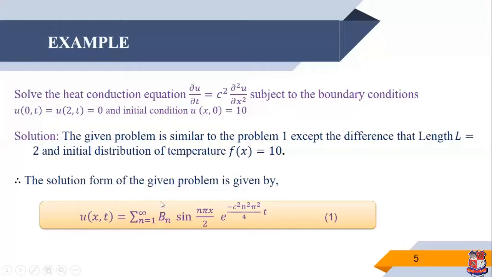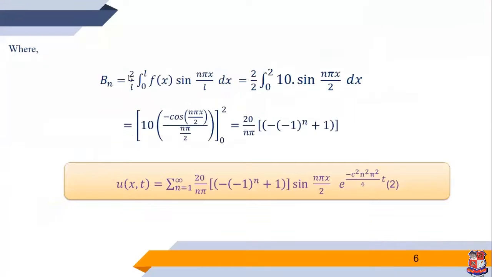Now we find the value of b_n. We know that b_n is the Fourier half range sine series coefficient, which is defined as 2 by L integration 0 to L f(x) into sin(n pi x by L) dx.